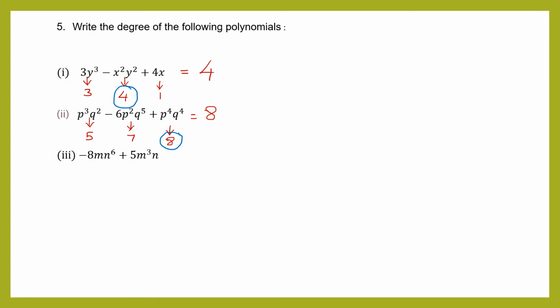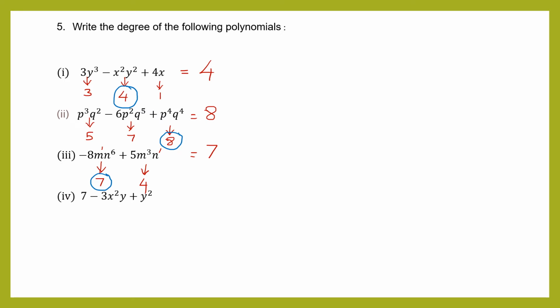Let's count here. Here I have 1m and then 6. So 1 plus 6 is 7. 3 plus 1 is 4. Which is the highest power here? 7. So the degree of this polynomial is 7.